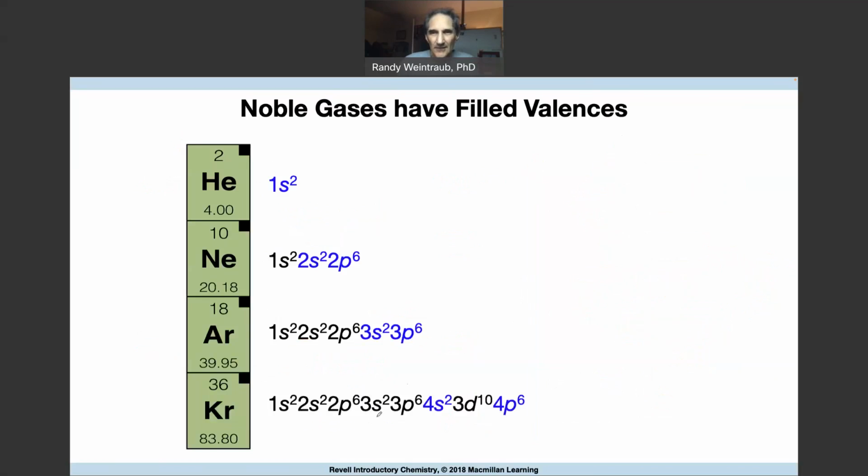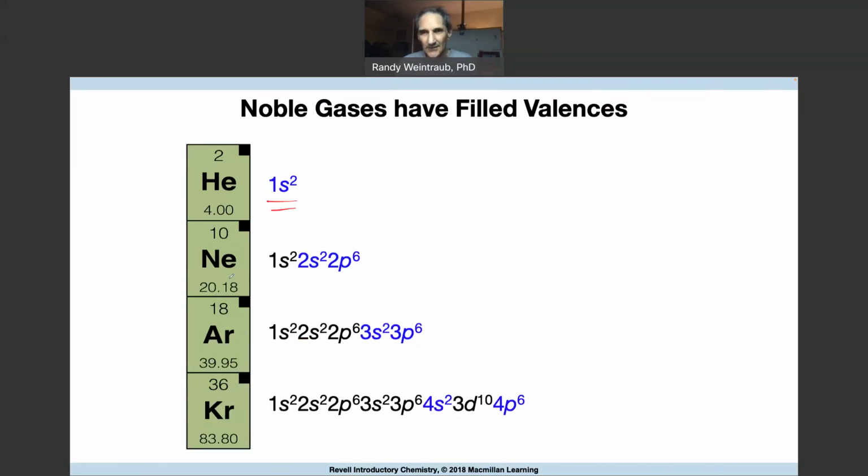Noble gases, all located at the far right column of the periodic table, have completely filled valence level electrons. Helium has 2 electrons in its first energy level, which can only contain up to two electrons.